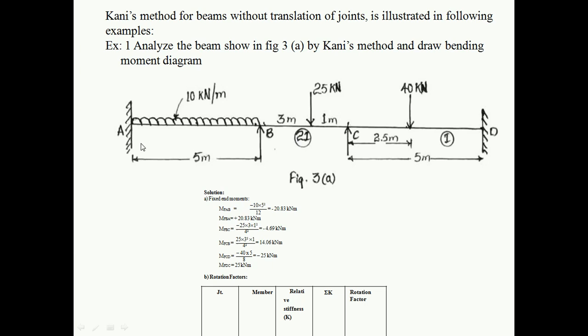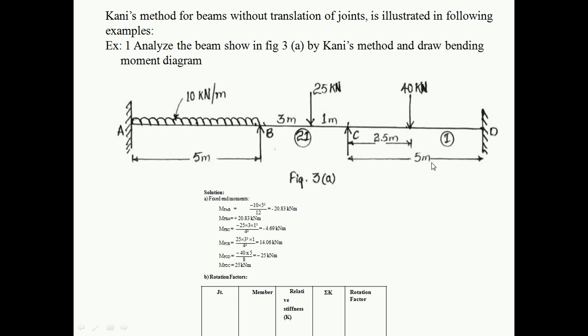The numerical is given for a continuous beam having A and D supports fixed, and B and C are continuous. Span AB consists of a UDL of 10 kN per meter and a span of 5 meter, and the moment of inertia is not mentioned here, so we assume moment of inertia as I. And BC has a span of 4 meter and a concentrated load of 25 kN 3 meter from B, with moment of inertia 2I.